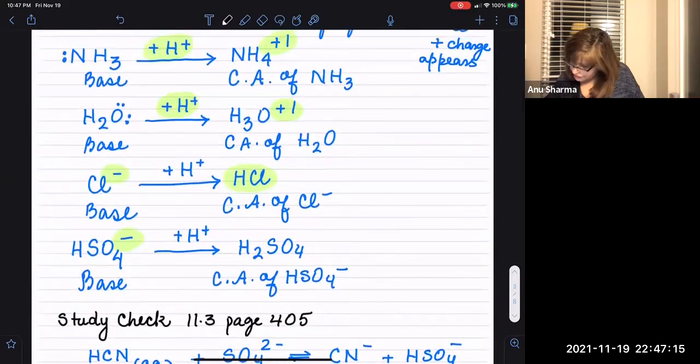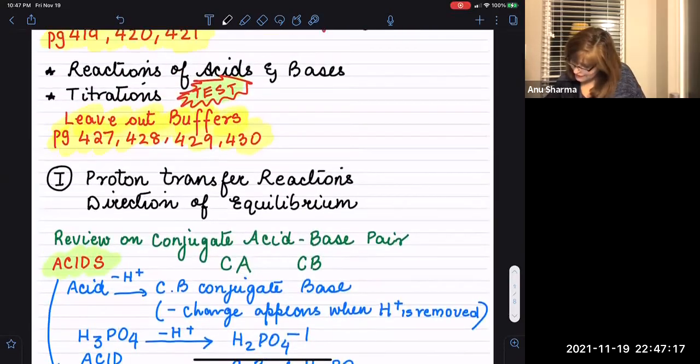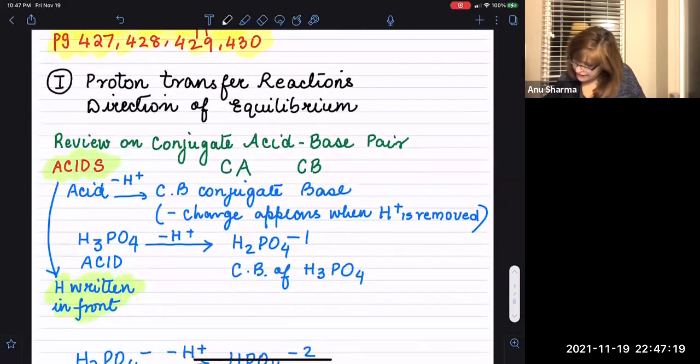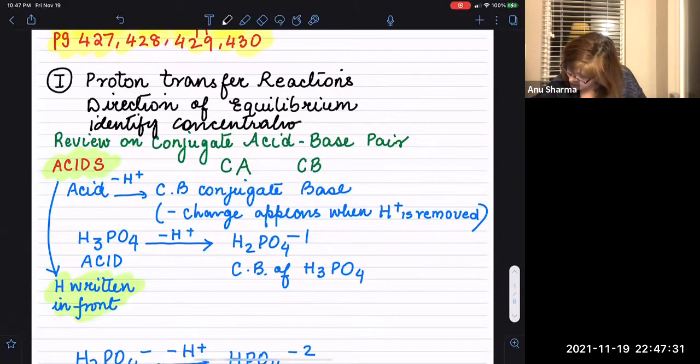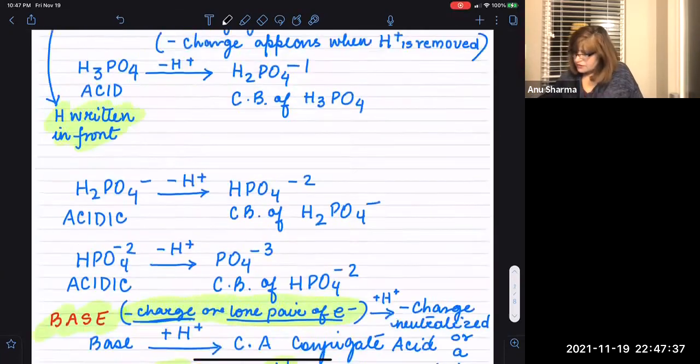This is, I think, the first one. So I did a review: proton transfer reaction, direction of the equilibrium, and also identifying the concentration of reactants or products. Okay, so these things.